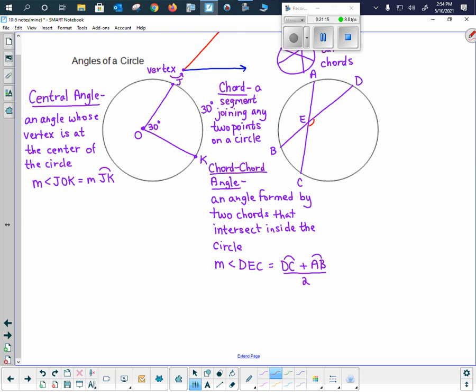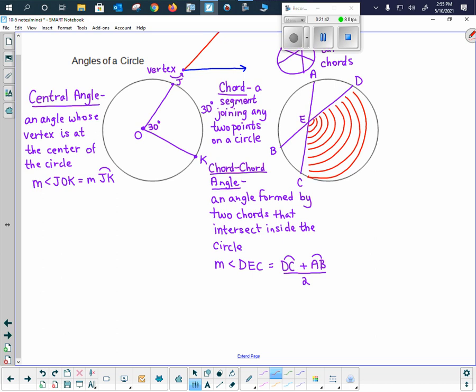Okay, here's how I think of it. If I'm standing at E, well, that angle and its vertical angle, right? Vertical angles are always equal. If you were standing there on a megaphone or something, I like to think of these as walls, and you're going to radiate out the sound until you get out to the arc.